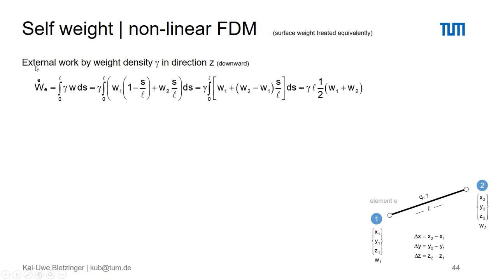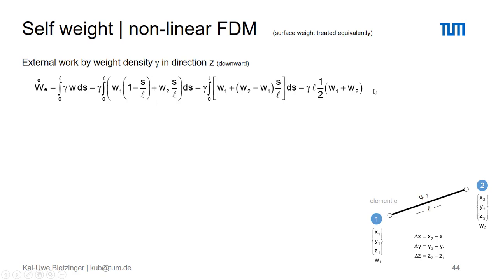We consider now the external work of the specific element in terms of the specific weight, which acts in direction Z and performs work with these vertical deflection components W. We treat the self-weight of a cable element; if we would like to consider the surface weight, for instance, of the cladding, then we would treat that equivalently to what we show here.